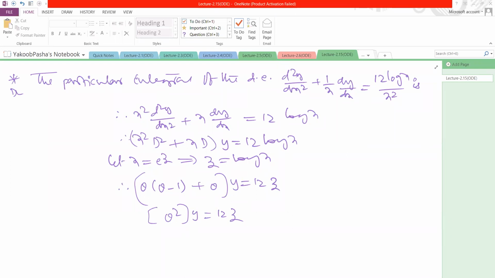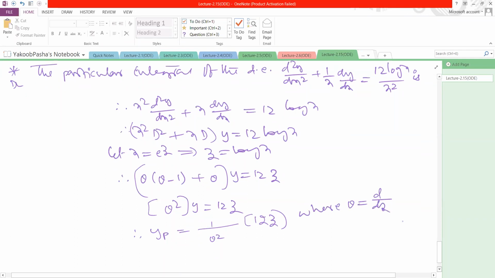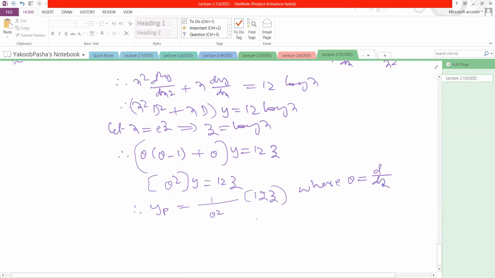So the particular integral yp is equal to 1 divided by theta square of 12z, where theta is equal to d by dz. Theta means differentiation with respect to z, so 1 by theta is integration with respect to z.